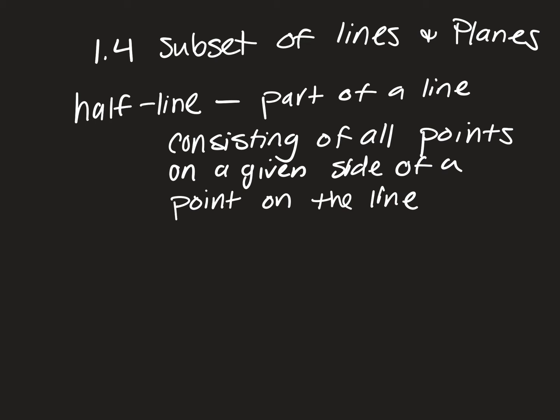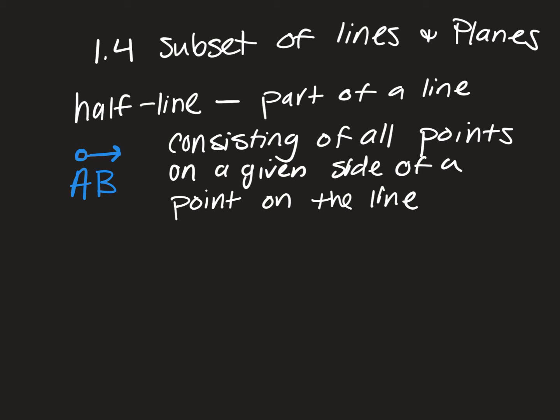If it was half line AB, the notation for that is AB. It has to be an open circle, and then just an arrow this way. It will always point to the right. Always. Never to the left, always to the right.